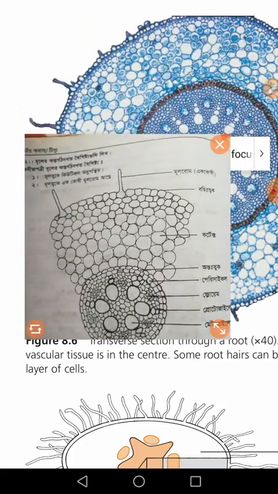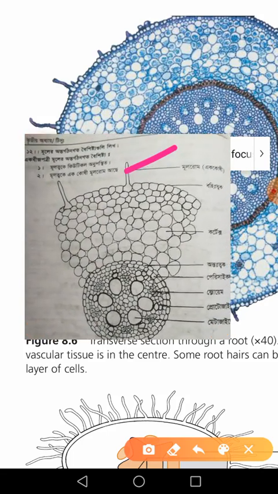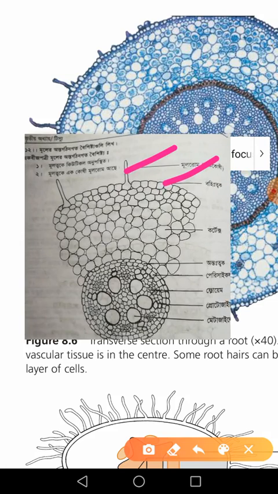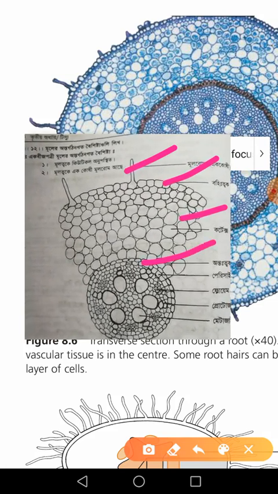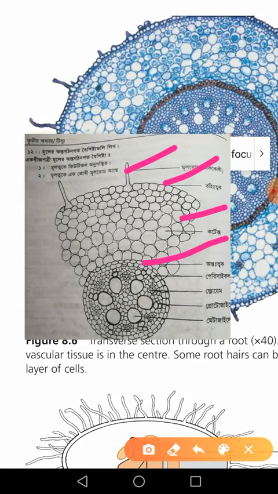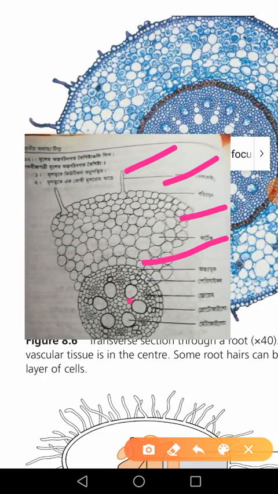Here we have the root hairs, here is the epidermis, here is the cortex, then this is the endodermis. This is the pith here.